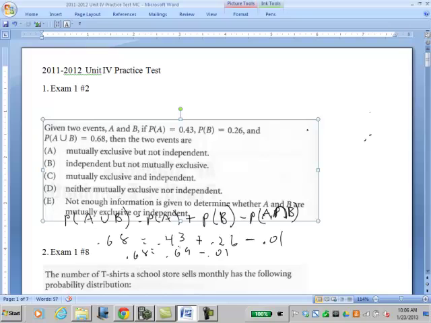The formula: A or B equals probability of A plus probability of B minus A and B. So the probability of A plus the probability of B equals 0.69, and A or B, we're told, is 0.68. Then A and B has to be 0.01. Okay?